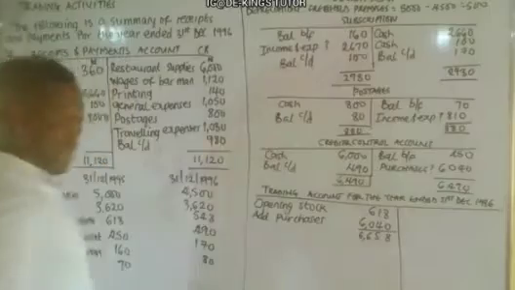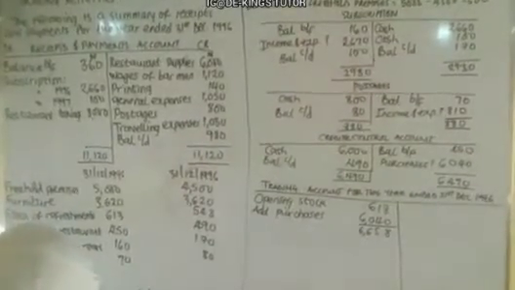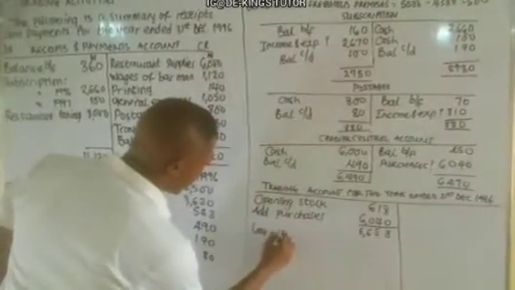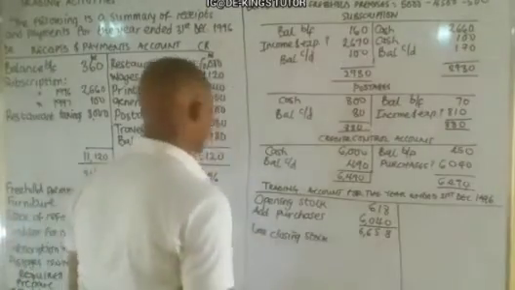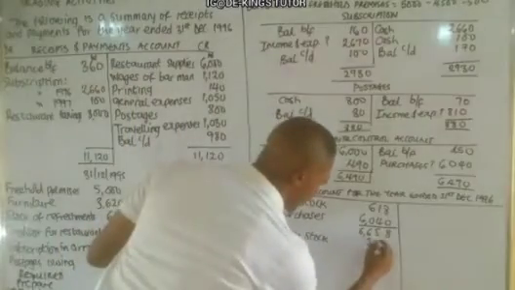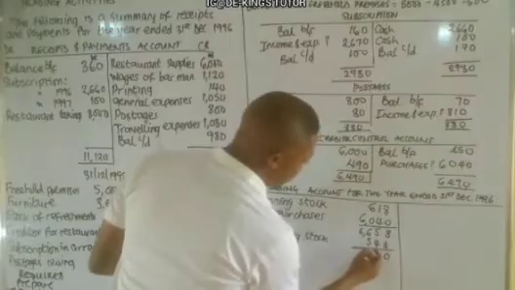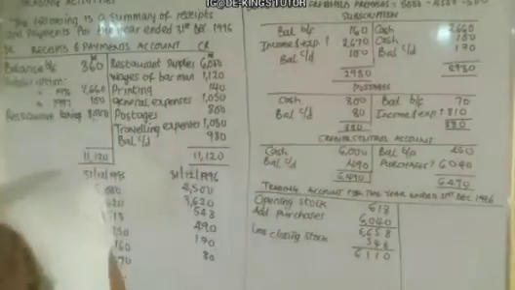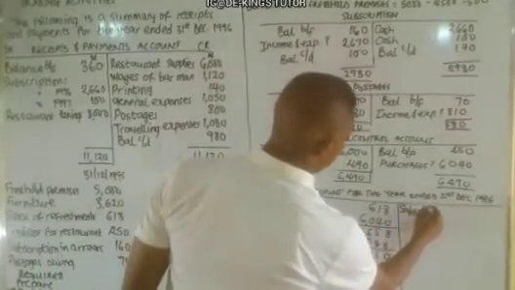Now there's no carriage inward. There is no return outwards. So we'll just less closing stock immediately. So the closing stock here is 548. So we have 6,110. Okay? So that is what we have. So our sales here will be our sales.